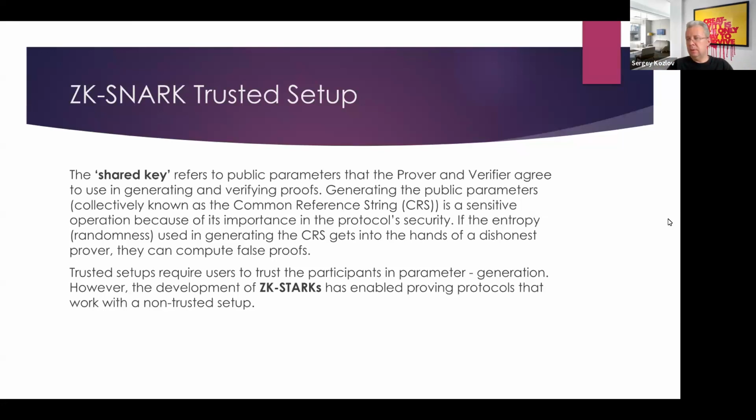So in reality, we may have 15 people in different parts of the world, they each get their part of the key, they get together in an electronic way, they generate this shared key, then destroy their parts of the key, and everyone starts using this trusted setup. I mean the provers and the verifiers on this specific zero knowledge proof implementation. That's it.